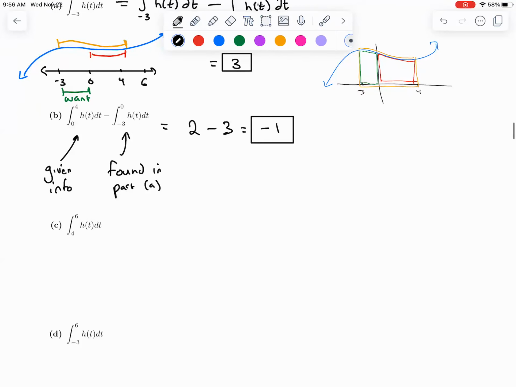So let's draw another number line. -3, 0, 4, and 6. This is our curve, h of t. So what do we want? We want the integral from 4 to 6.